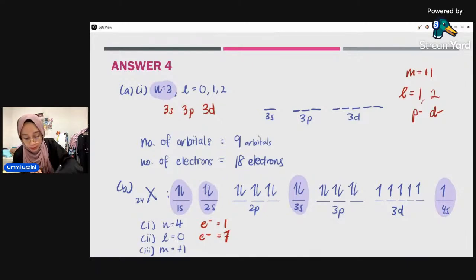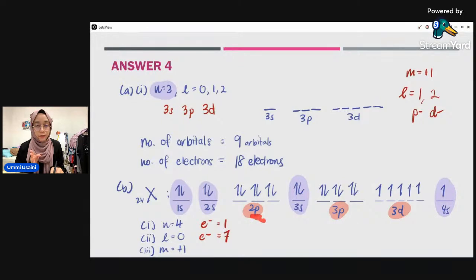Okay, bermaksud now class, kita lebih kepada, kita fokus kepada 2P, kita fokus kepada 3P, and kita fokus dekat 3D. 3D is also included. Okay, so what I'm gonna say here right now is, okay, you know that value M, bila L equals to 1, okay, kita tengok untuk P ni dulu.